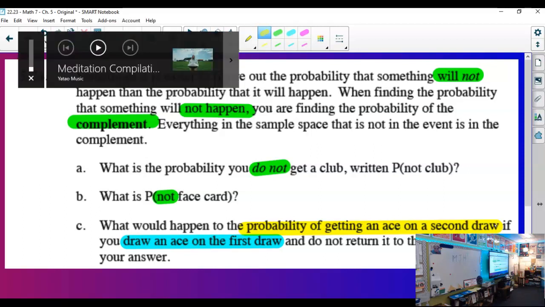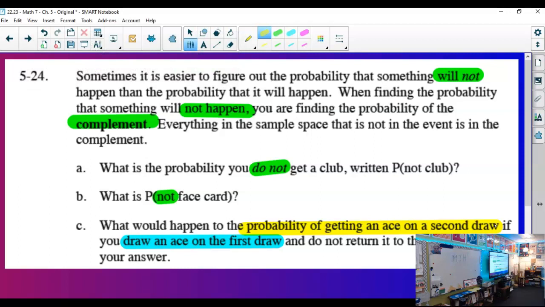So remember, the bottom is always the total. The bottom is always the total of whatever you're talking about. So the total is going to change depending on the situation. Because there are more cards than there are sides of a dice, right? So the total of a deck of cards is more, but then you can also reduce those fractions, right? Like we did a couple times already. We saw that you can reduce it.